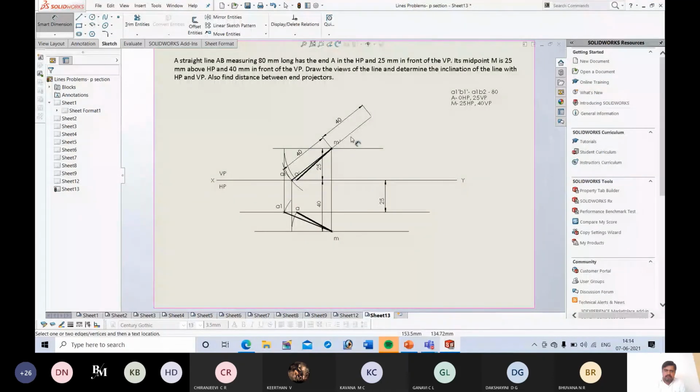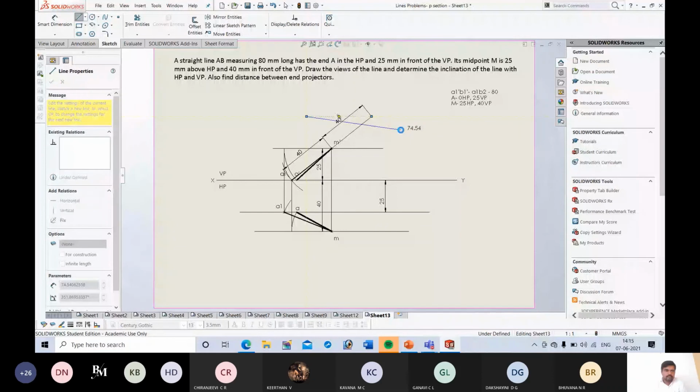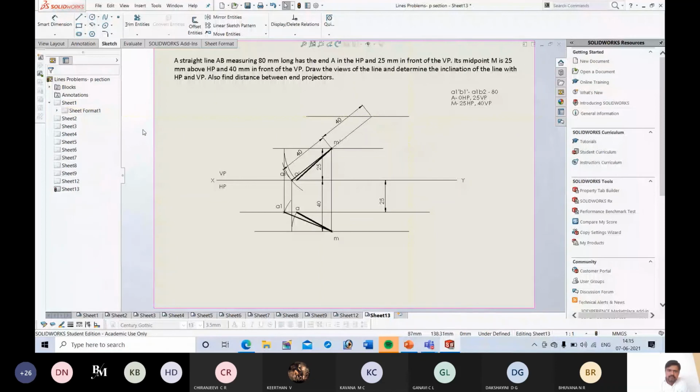So this is true, since it is the true length. This is B1 dash.